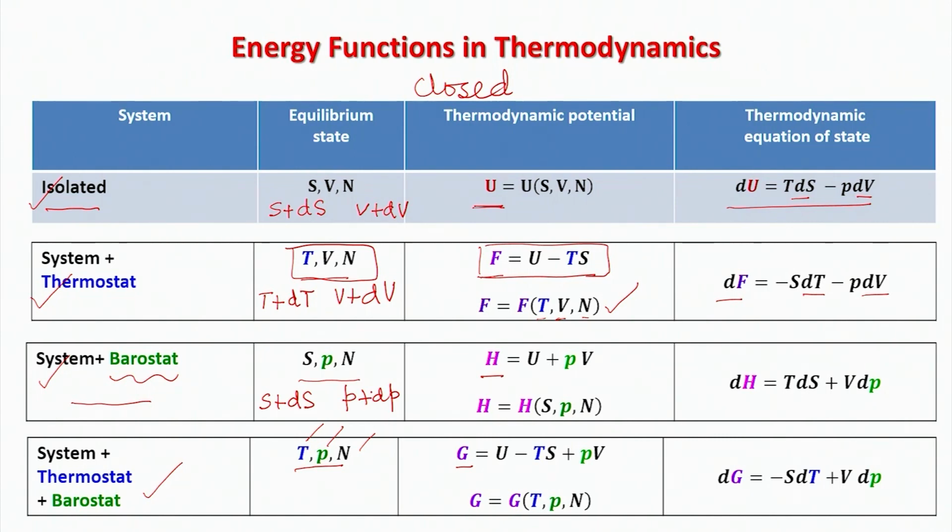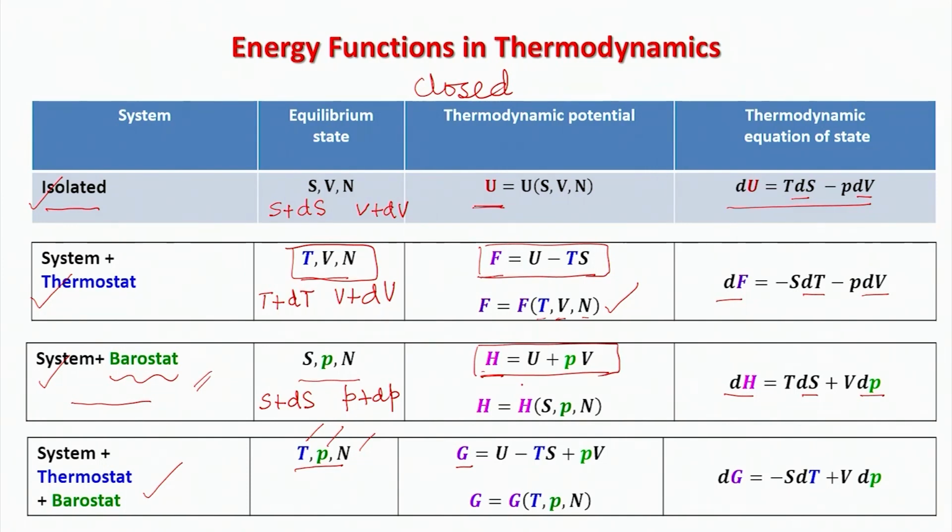And associated with this change in state, I have one energy function H, which is defined like this, where dH depends directly on dS and dP. And therefore, I would say that for such a condition, I must be having H as the thermodynamic potential.